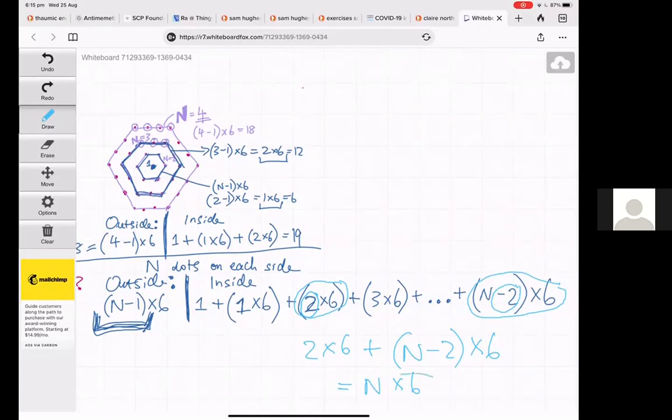And n times 6 is more than the outside number already. So that tells you that the inside has more than the outside.